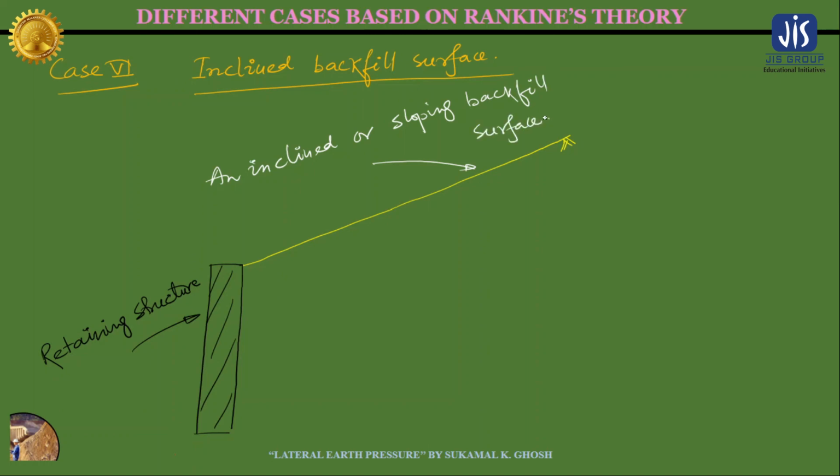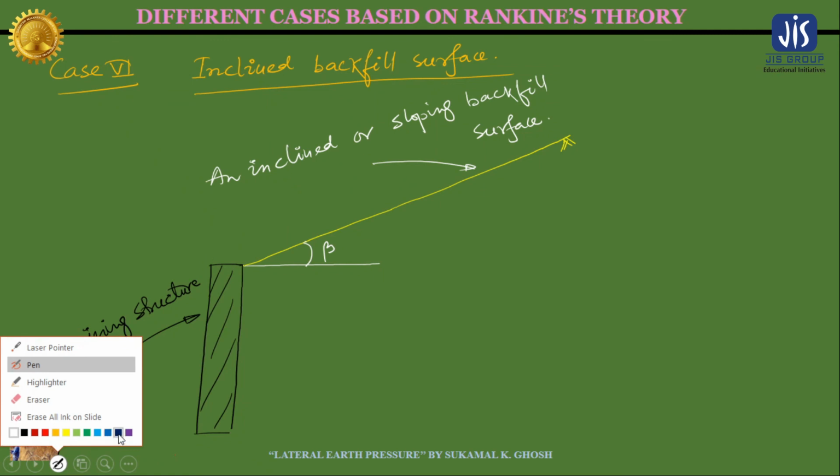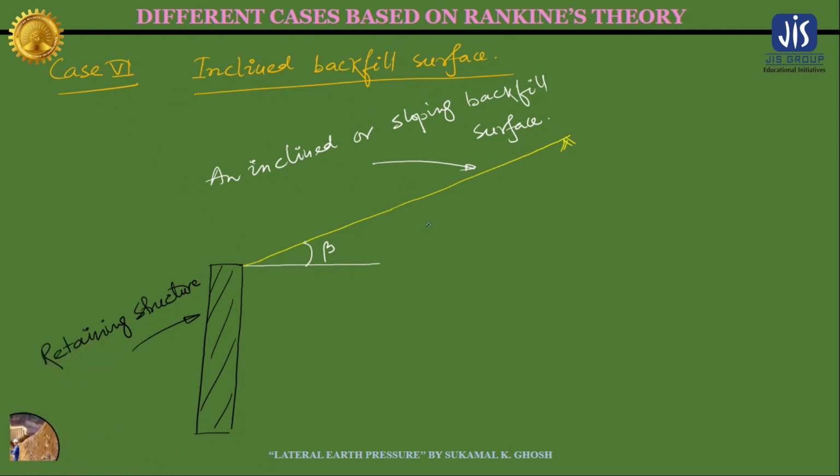Now this surface is inclined at an angle of beta with the horizontal. If you want to draw the pressure distribution diagram for this particular case, we can draw in this way.